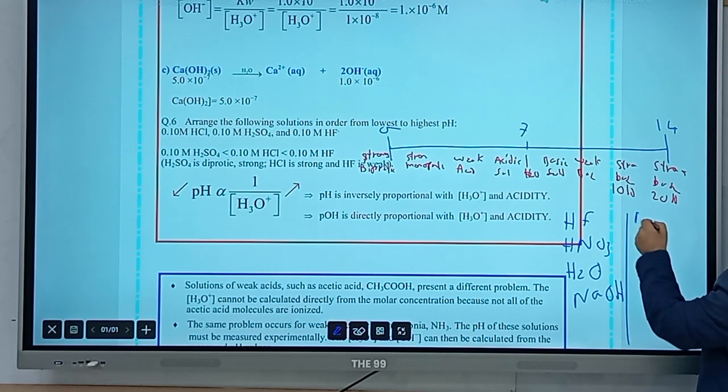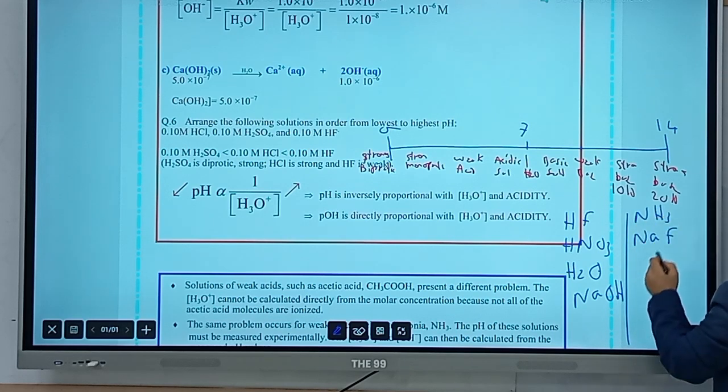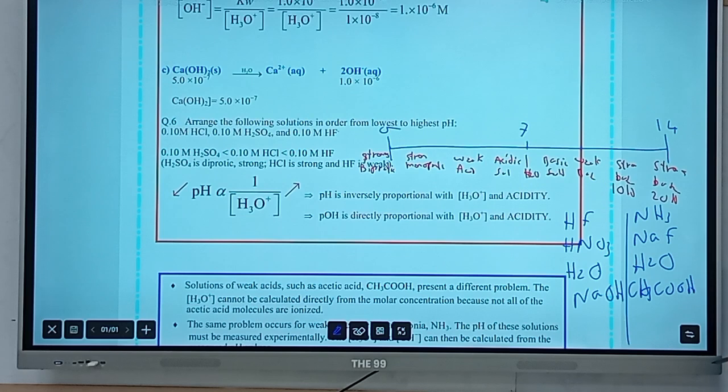Let me write another type of question. NH3, NaF, H2O, CH3COOH. Among them, which one has the highest pH? This is acid, neutral, acidic salt, basic salt, base. So the base has the highest pH among them.